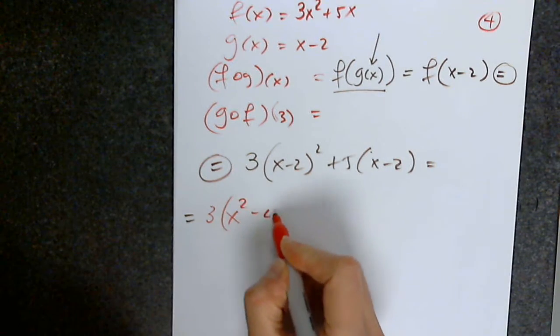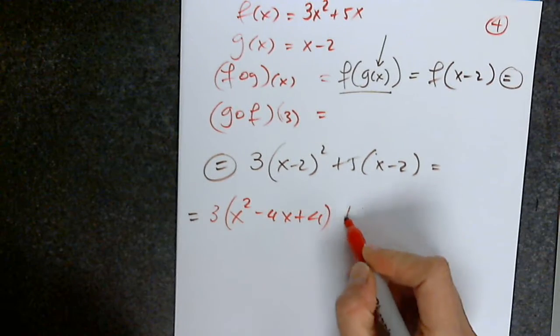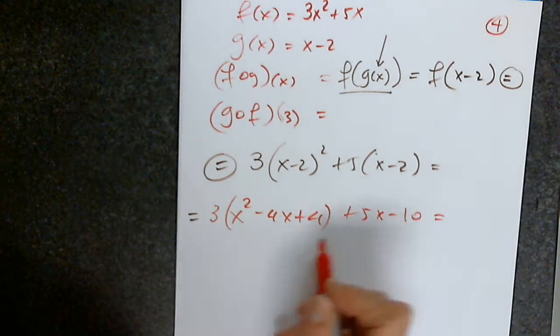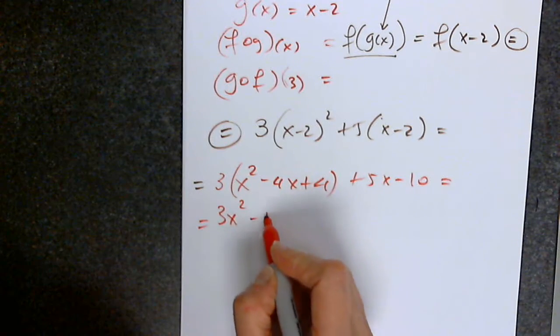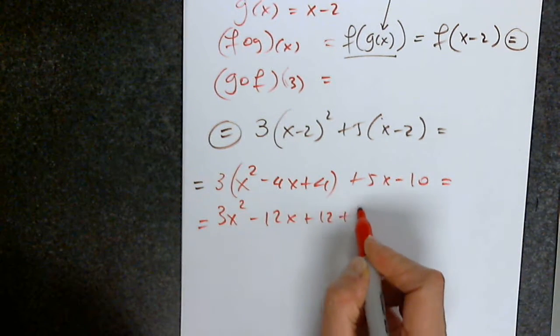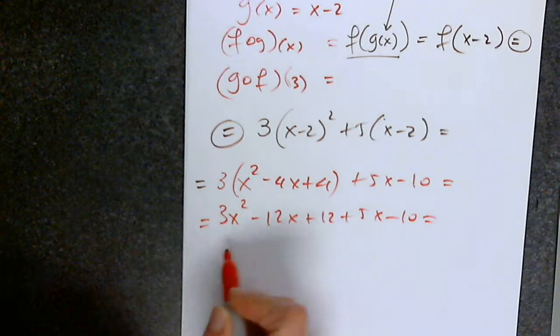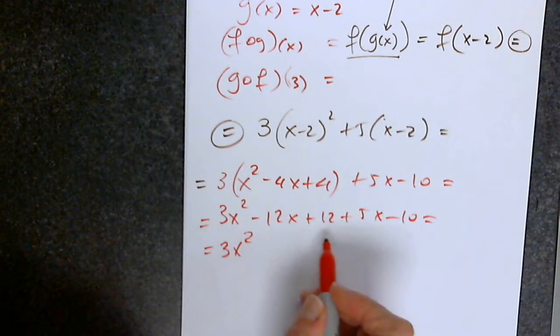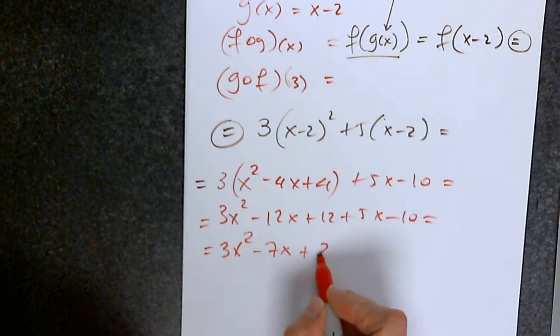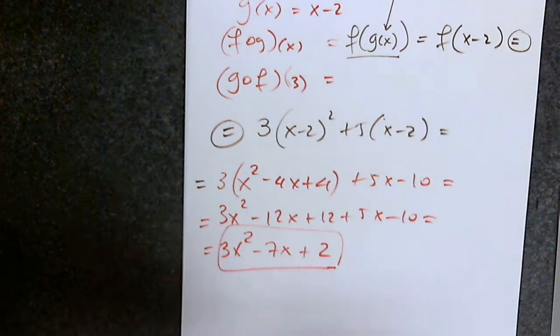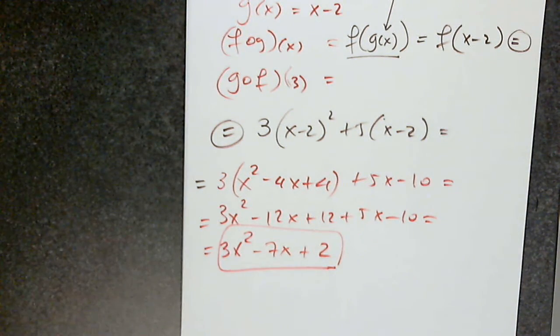Right. 3 times x squared minus 4x plus 4 plus 5x minus 10. And all I have to do is distribute. 3x squared minus 12x plus 12 plus 5x minus 10. And then combining like terms, this is 3x squared minus 7x plus 2. Very good.